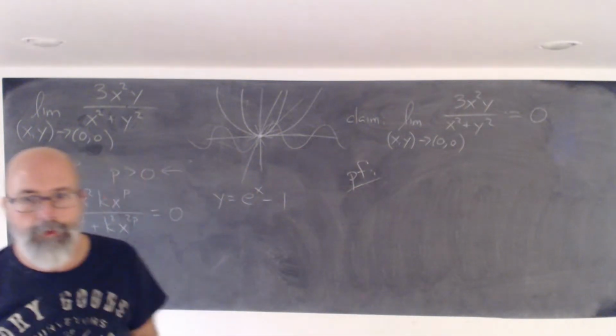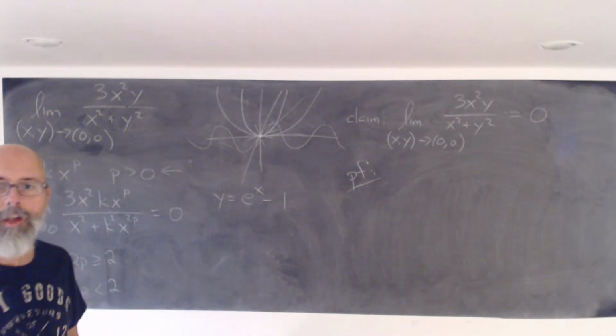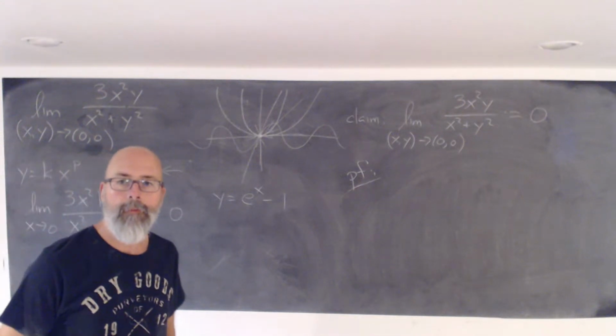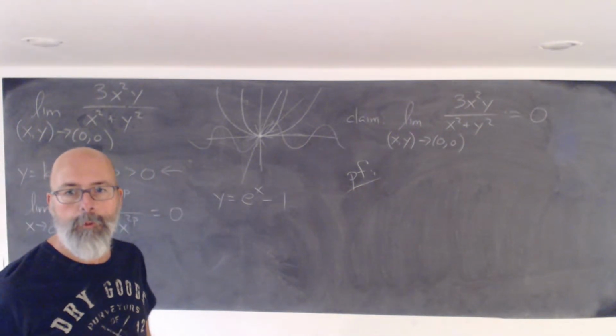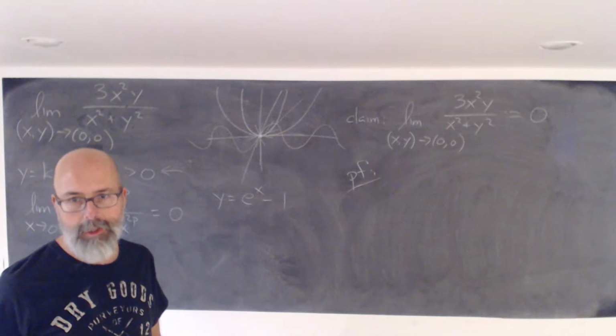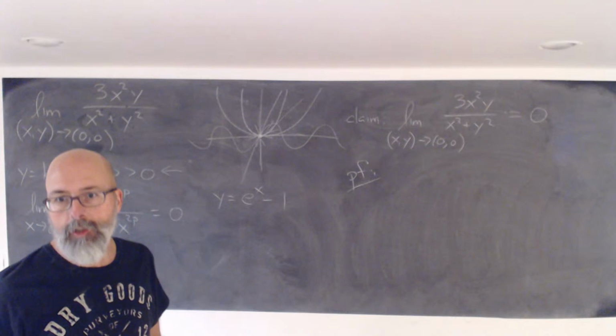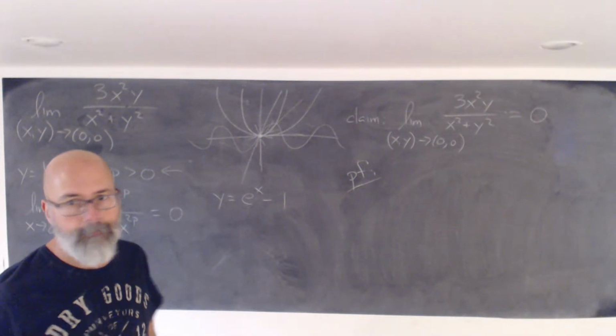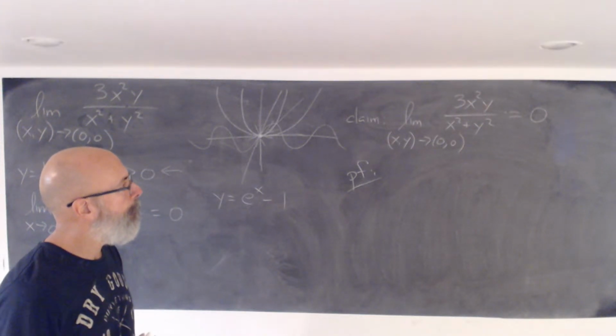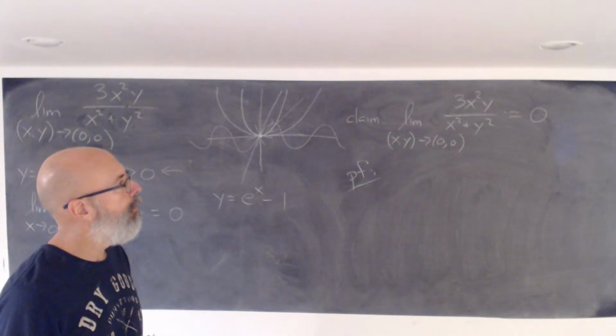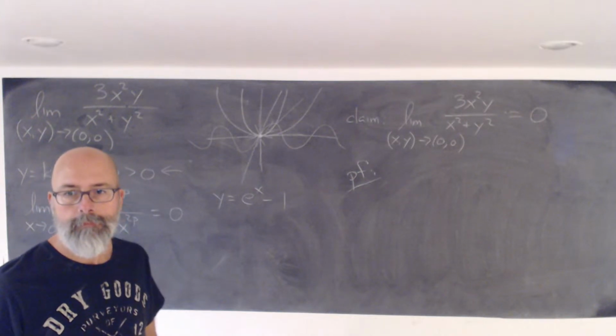You have to prove it using the Epsilon-Delta definition. So Quinn is asking, is there a way to prove this limit for all functions passing through the origin? Indeed, there is. That's where the Epsilon-Delta definition comes in. So let's prove it.